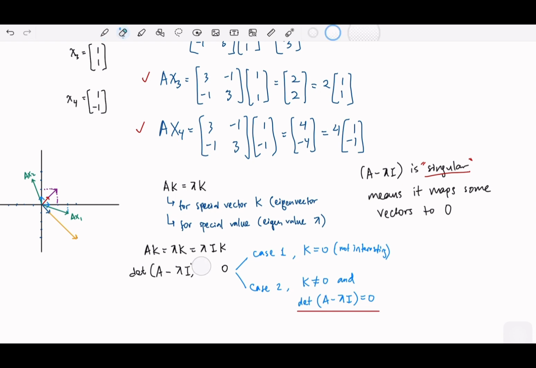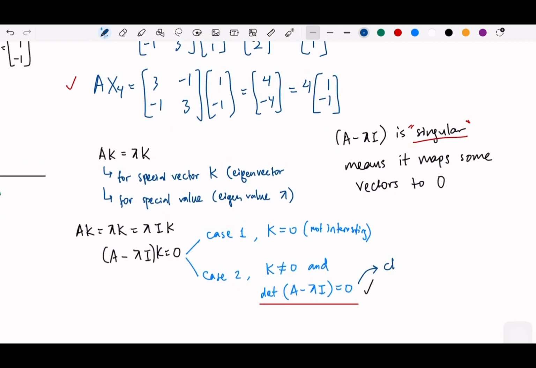Okay, sorry. Oh wait, it's already correct. Why am I writing determinant? Sorry. This is the same equation. And then the determinant is here. Okay, this is the determinant. And then this determinant will be what we call the characteristic equation.